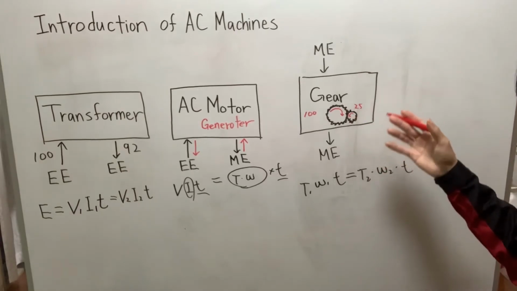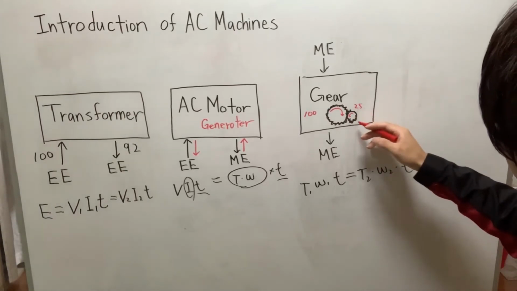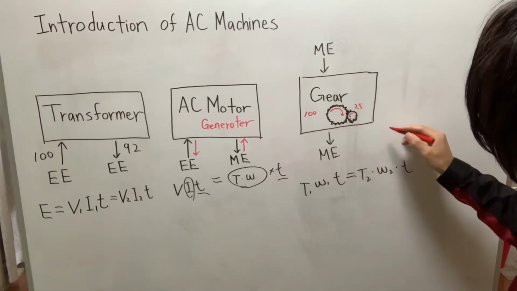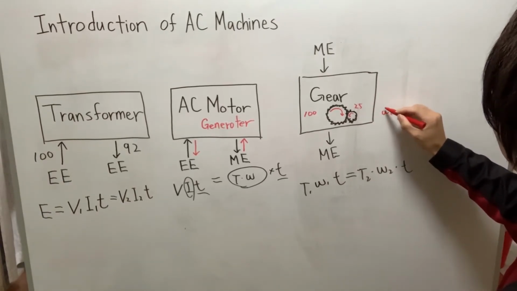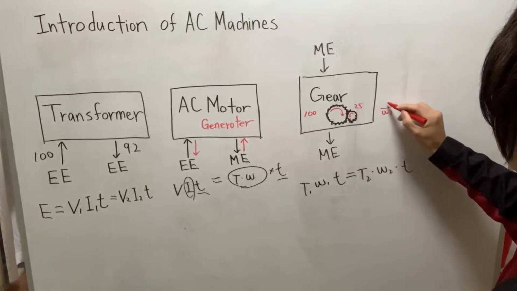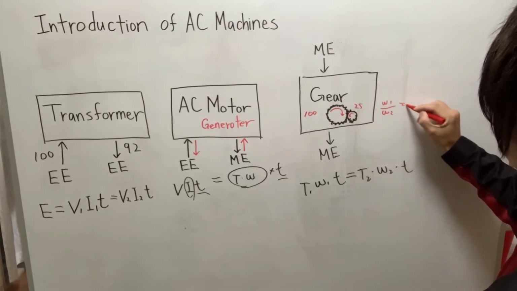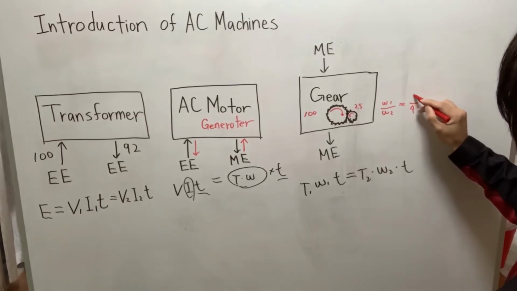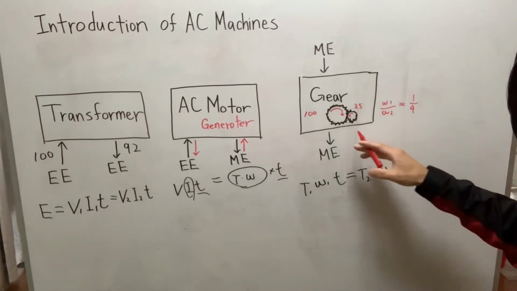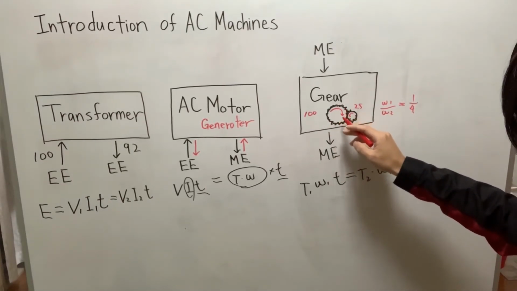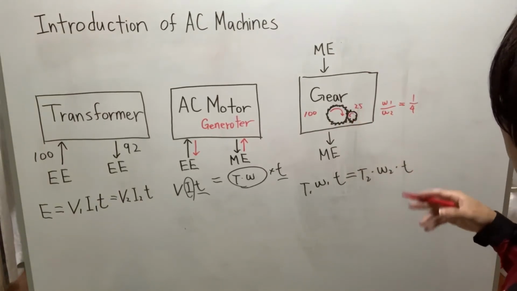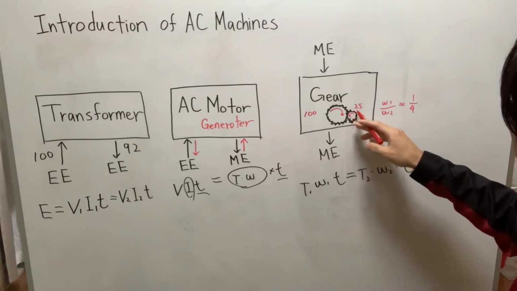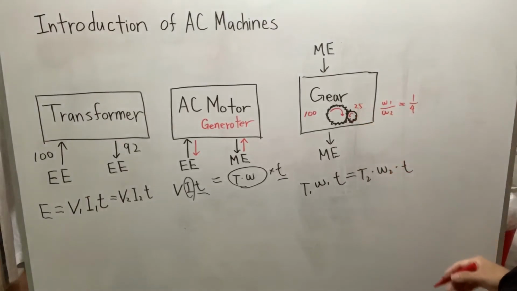Right, so which one is faster? Of course, the second gear is faster because it's small, right? So while the first gear rotates one time, the second gear rotates 4 times.